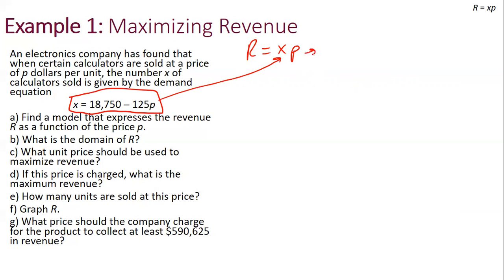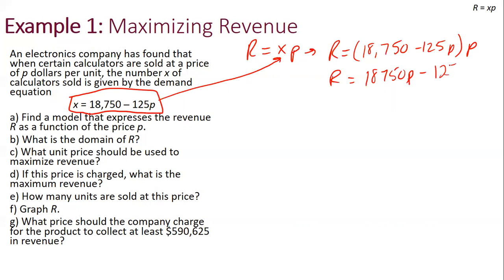So we're substituting in, and we get for this particular problem, R equals 18,750 minus 125P times P. To simplify this, we distribute the P. After we distribute, we end up with 18,750P minus 125P squared. So that's our revenue. That's our revenue function.